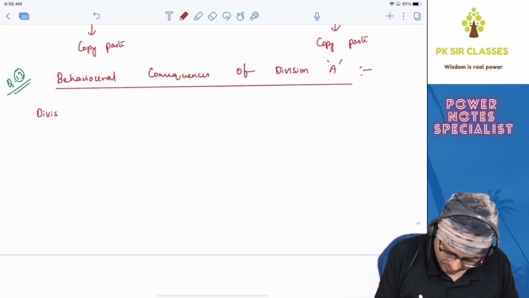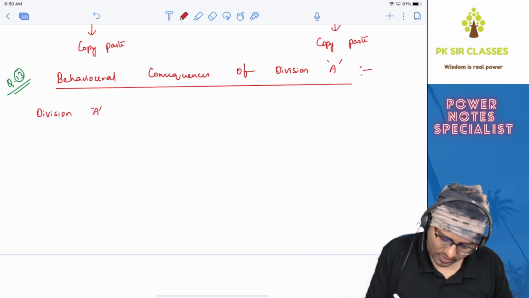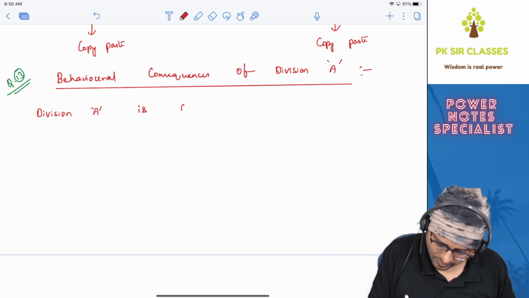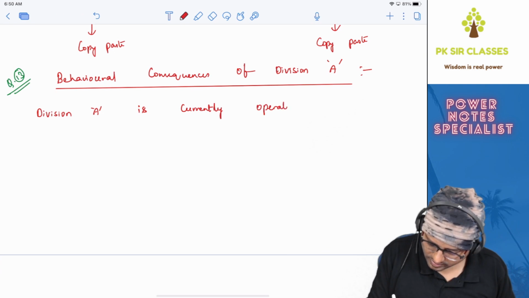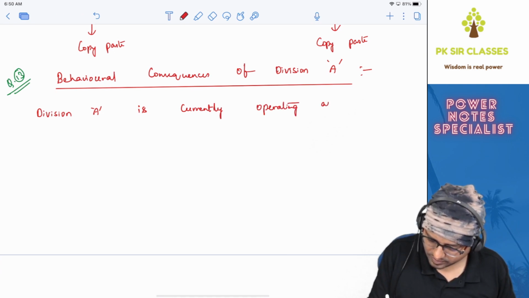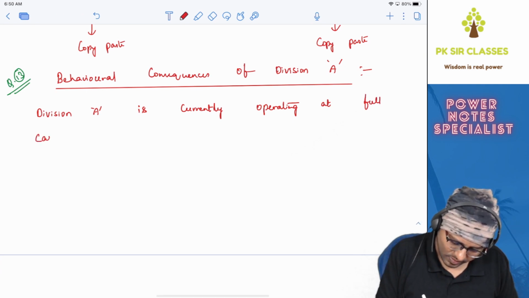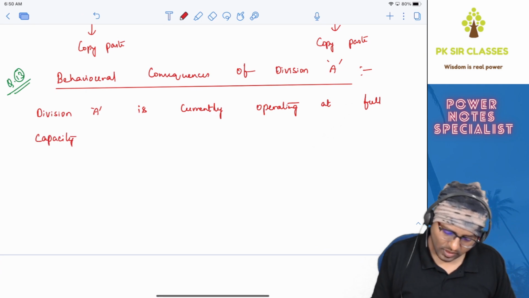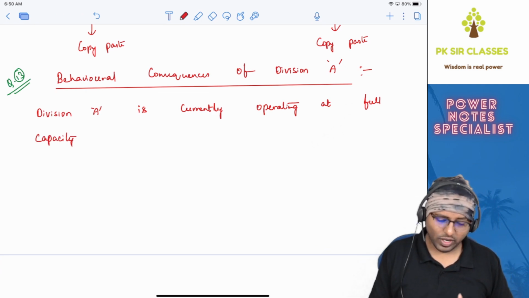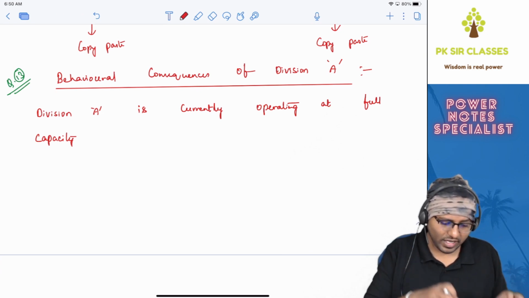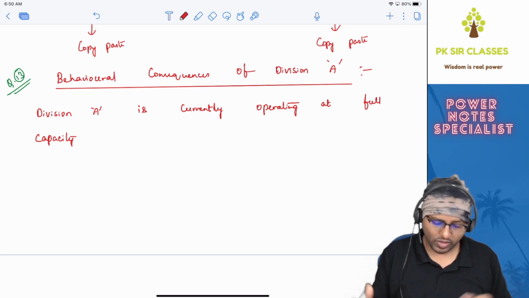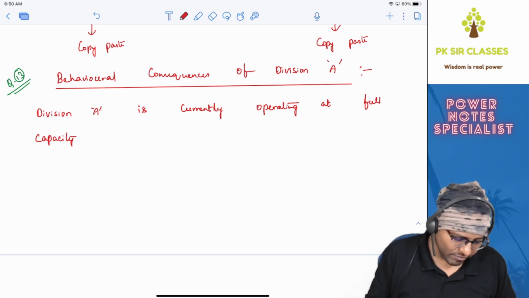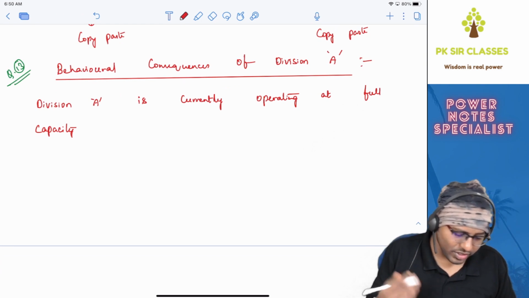Division A is currently operating at what rate? Full capacity. When you are writing along with me, look at the question and write, because you need to understand from where I'm picking up the sentences from the question. That is really important for you to develop that skill. So division A is currently operating at full capacity and its entire production is sold to the external markets.